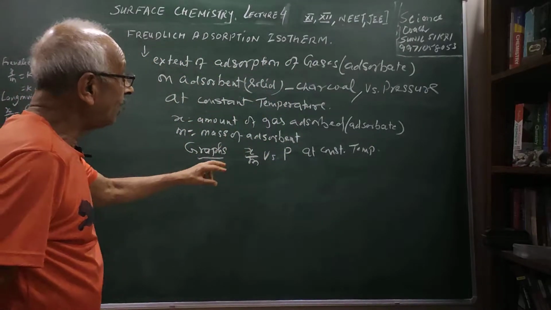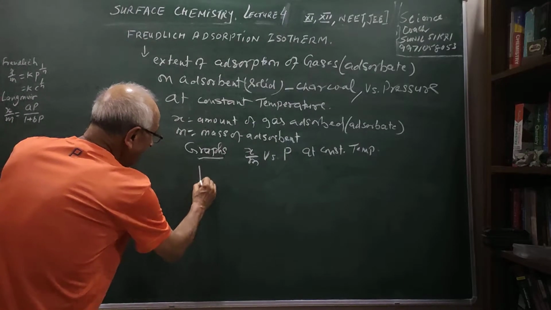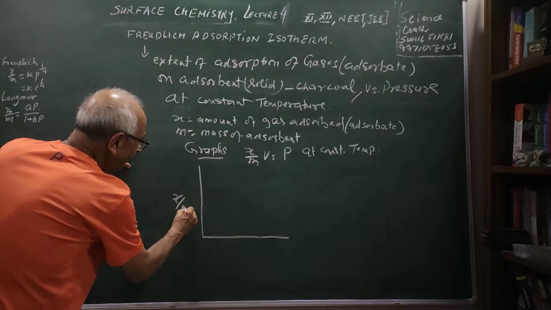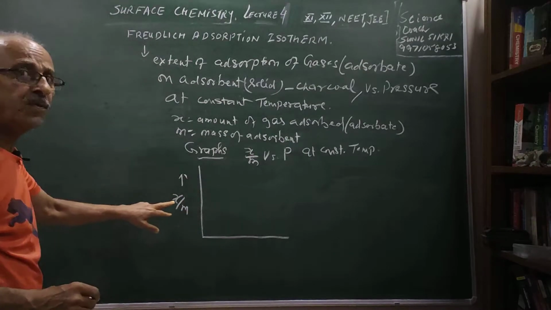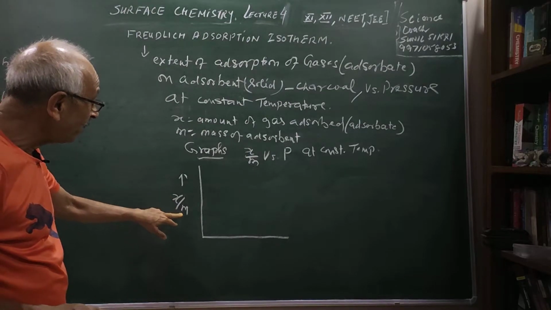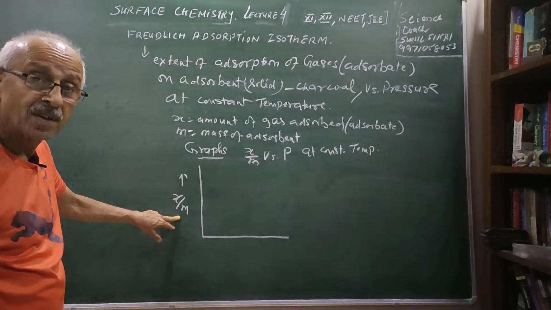And what he found, what is the nature of the graph he is obtaining? This is our x by m, the extent of the adsorption of the adsorbate per unit adsorbent, per gram of the adsorbent.